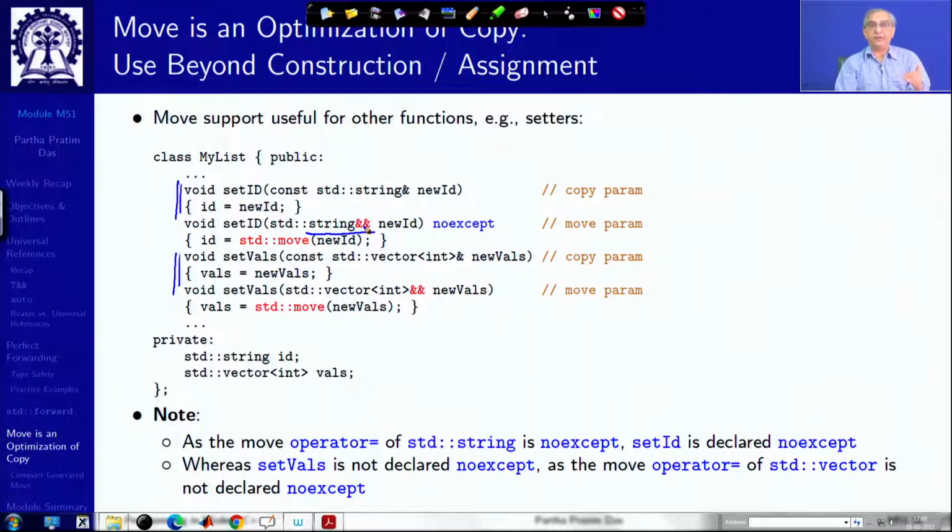So you just overload that function, and instead of copying, here you write a move. So what will happen if your set ID is called with an R value? Then that R value will not have to be copied, which it would have been if these were not there, right.